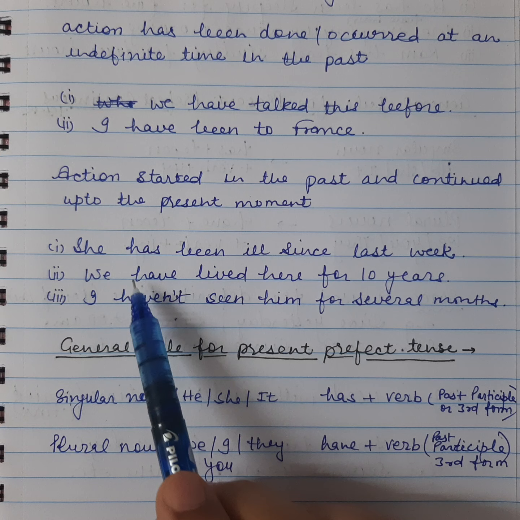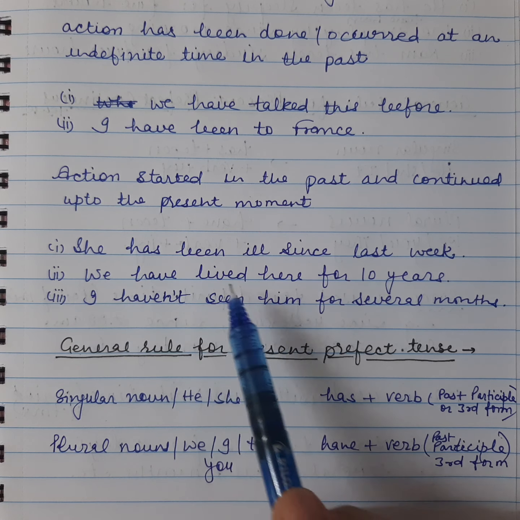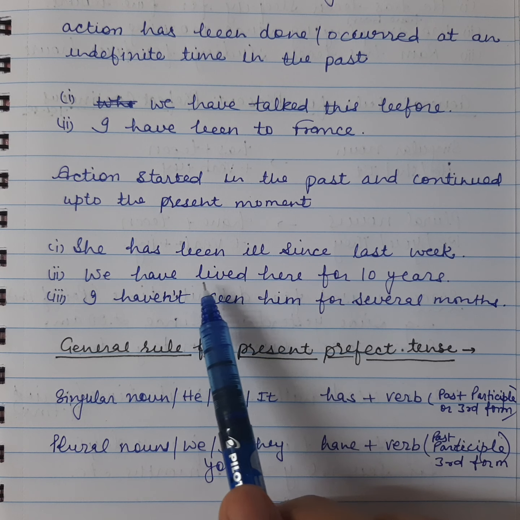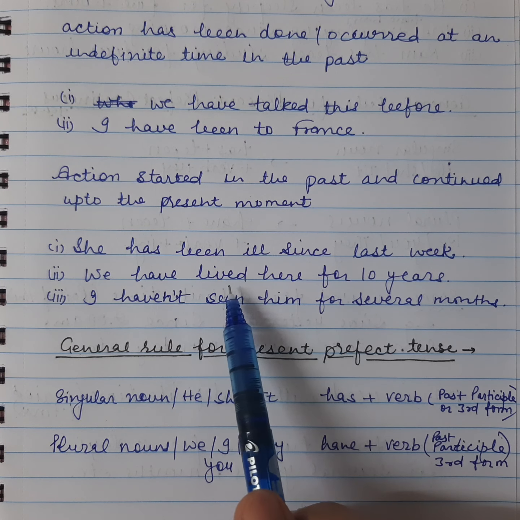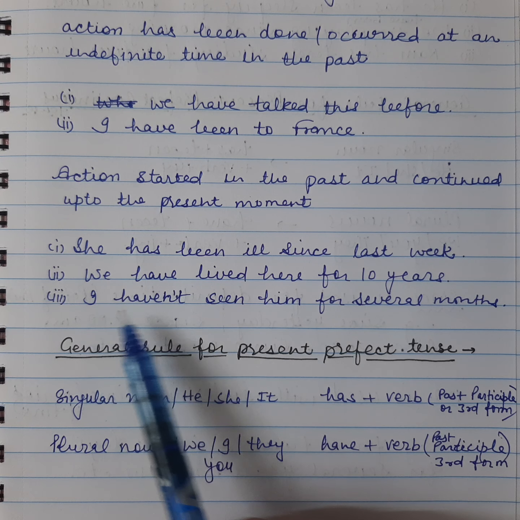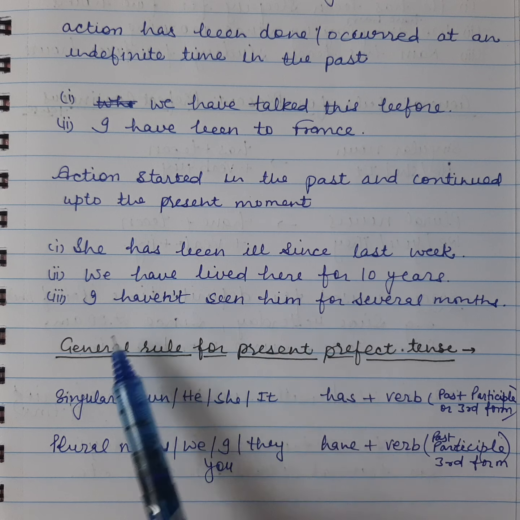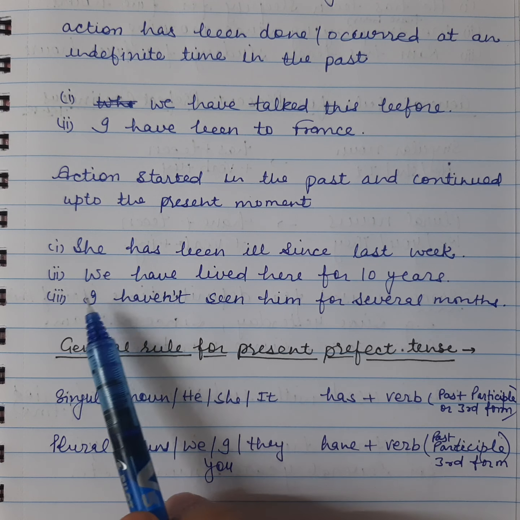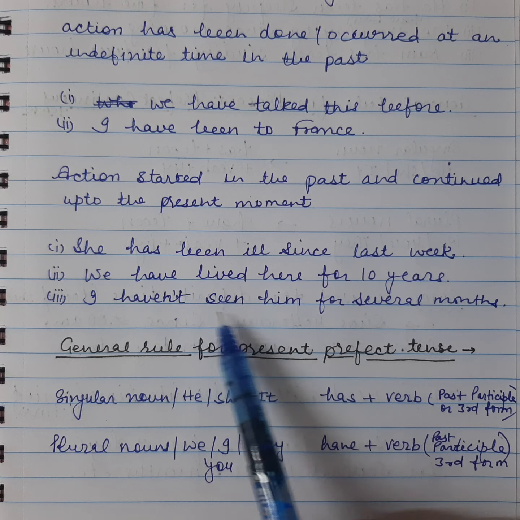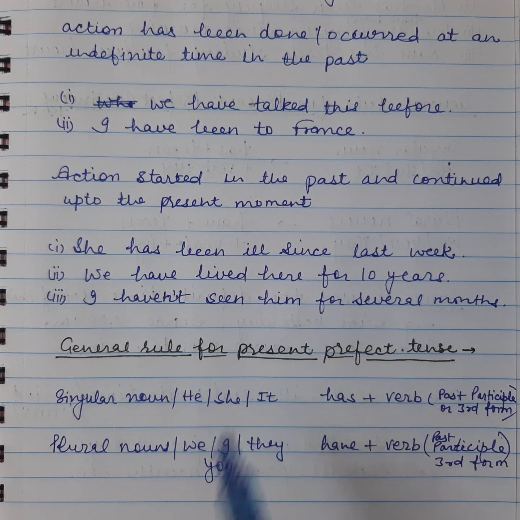We use have with we, and then the third form or past participle of the verb, which is lived. The base form is live and the past participle is lived. Then similarly, I have not seen him. We have used have with I, and the past participle or third form of the verb see.